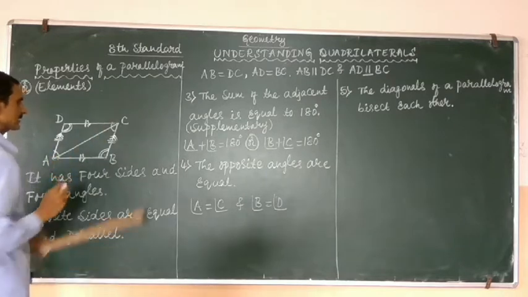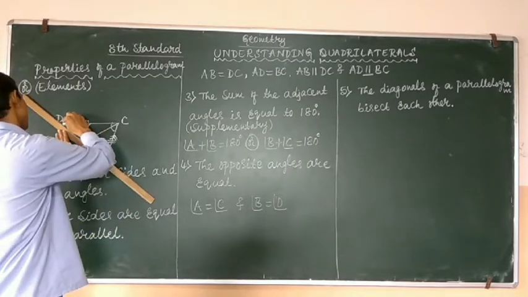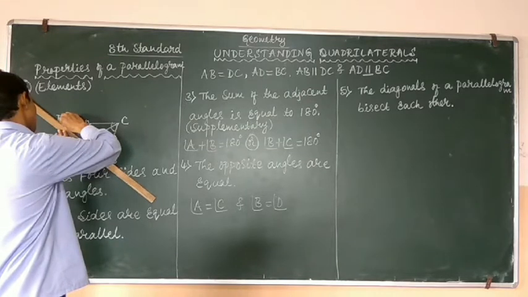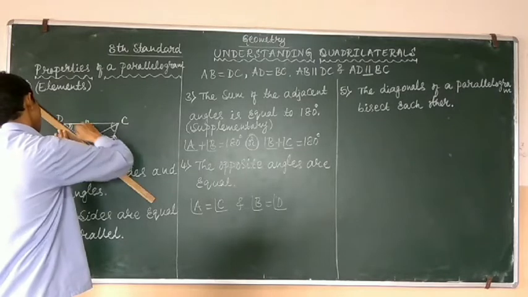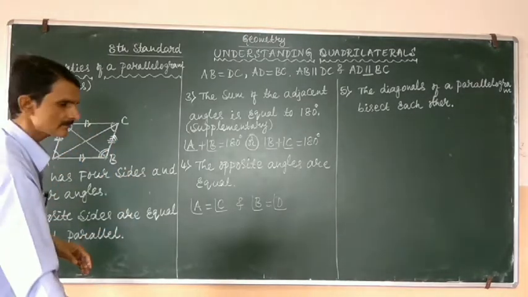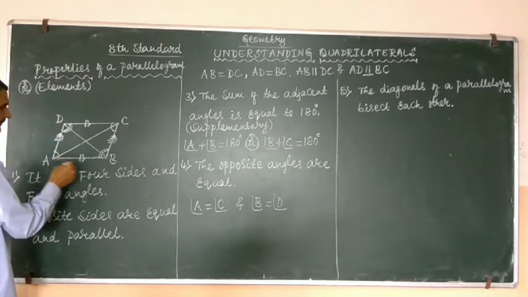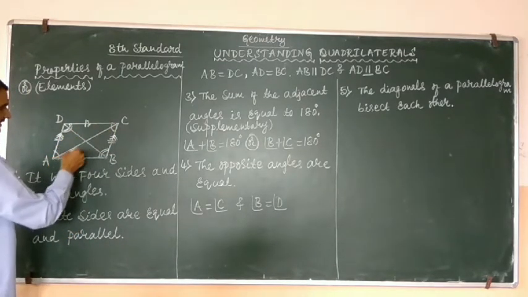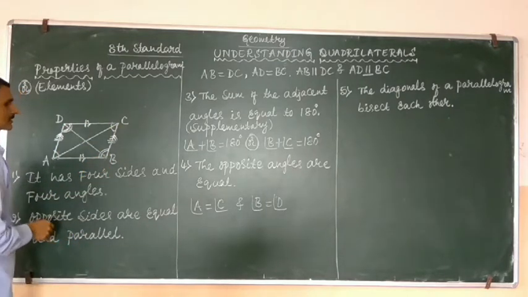Therefore, AC is called a diagonal. If you join the vertices D and B, it is also a diagonal. So therefore, in a parallelogram, the diagonals AC and DB bisect each other.